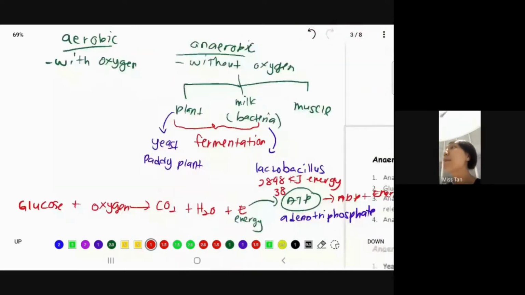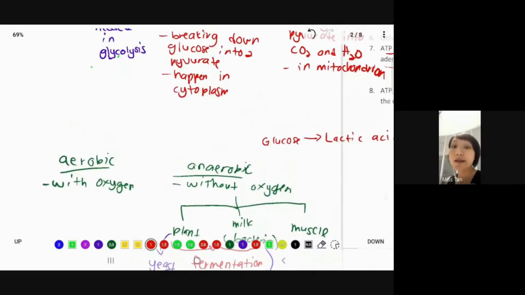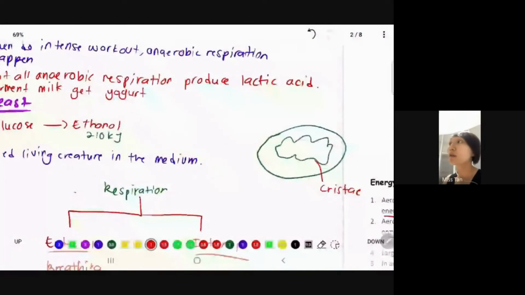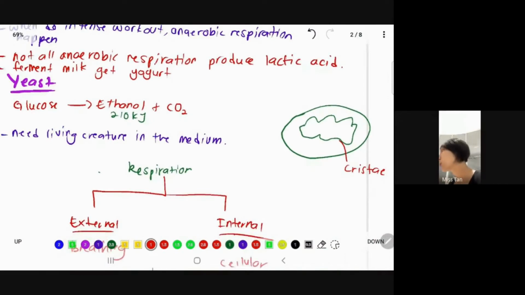Now the one in milk to produce yogurt, the bacteria is the one doing the work. The bacteria we call lactobacillus. They convert casein, which is in milk, into a semi-fluid, solidified milk like yogurt.